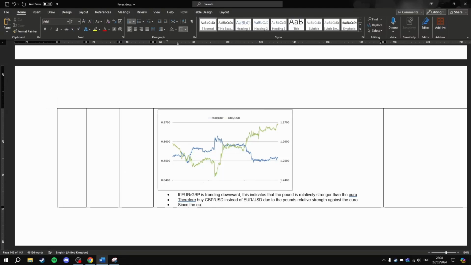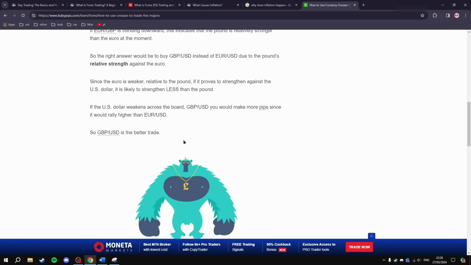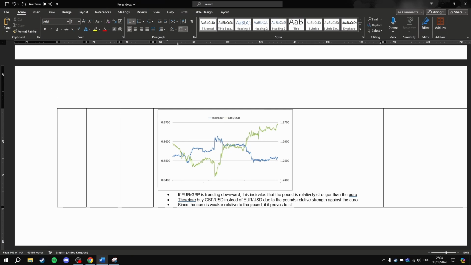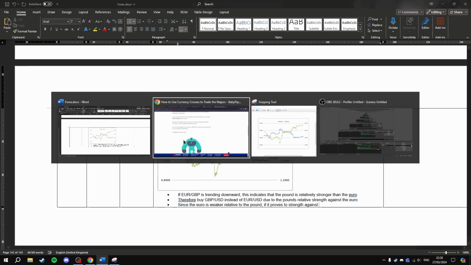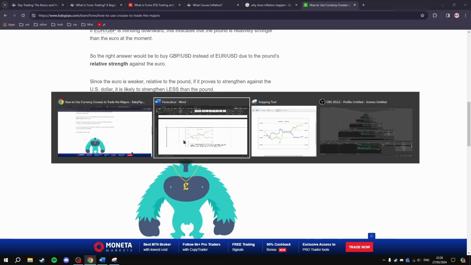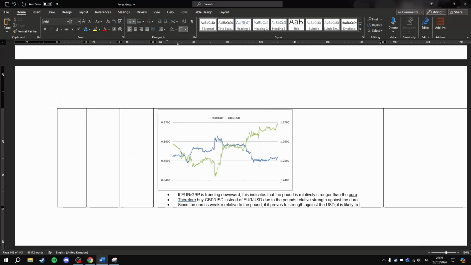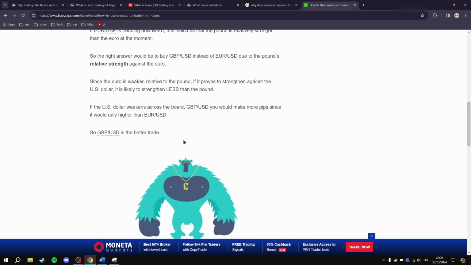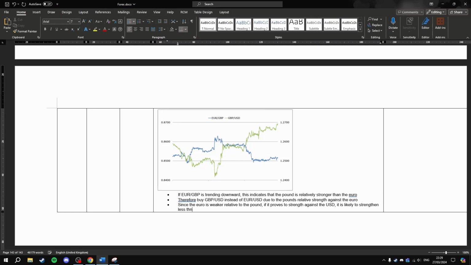Since the euro is weaker relative to the pound, if it proves to strengthen against the USD, it is likely to strengthen less than the pound.